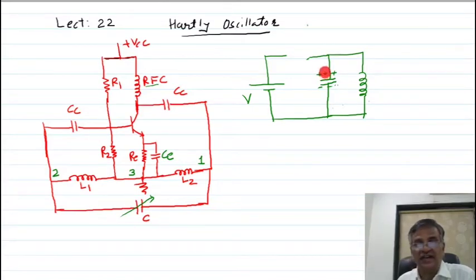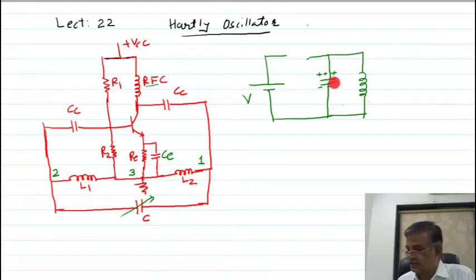You have already seen that electrostatic energy is converted into electromagnetic energy, and electromagnetic energy is converted back into electrostatic energy, and both are changing in a periodic manner.